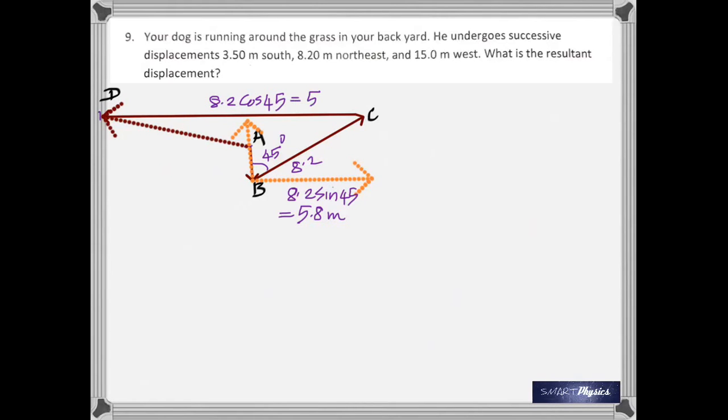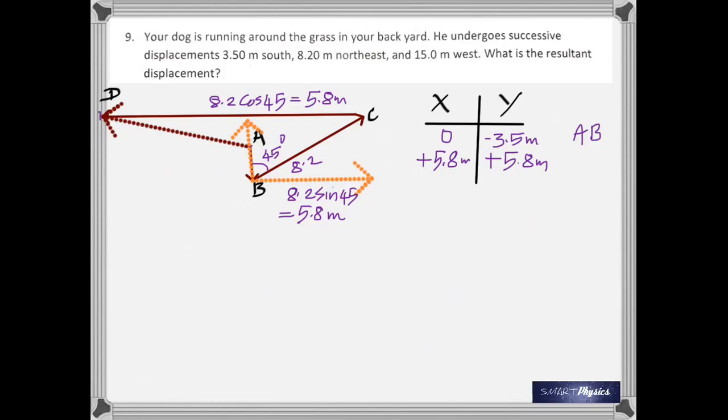Get 5.8 meters. So in the first case, as it goes from A to B, there is no x displacement. It's negative 3.5 along the y-axis. That's AB. But for BC, you have 5.8 meters along the x, that's positive, and positive 5.8 meters along the y.